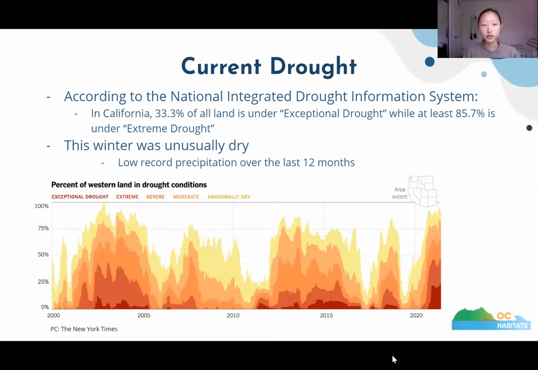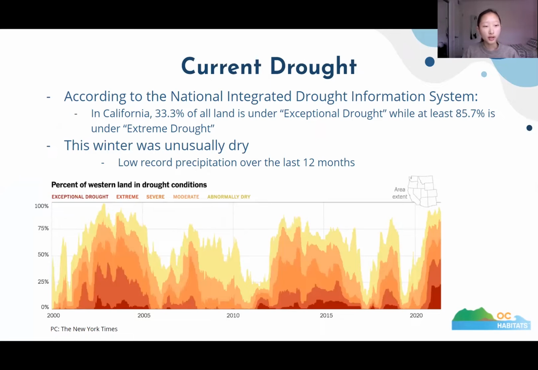Moving on to our current drought, the drought information system catalogs the intensity of droughts into 5 different levels, from exceptional drought, or D4, being the most severe, then extreme drought, D3, severe drought, D2, all the way to moderate drought, then just abnormally dry.